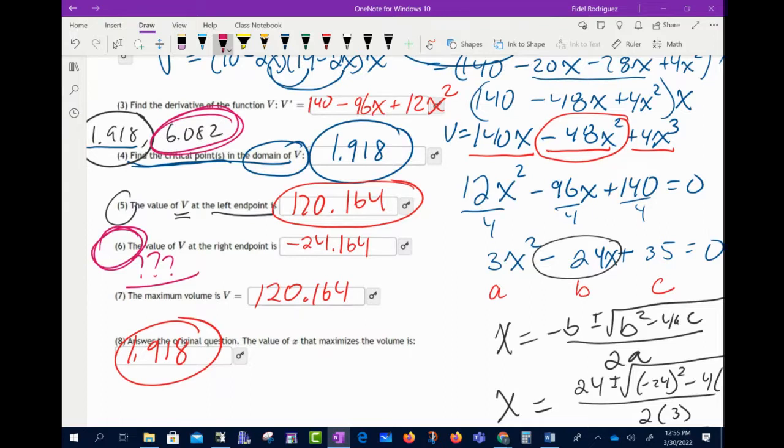Does that make sense? But it's just showing me that I know I got 2 critical values, and if we plug them both in, what's going to happen? Because that second value was not in the domain, it wouldn't make sense to say the maximum volume was a negative number, right? Volume is going to have to be a positive number or 0 if I don't actually have a box. Yes, ma'am.